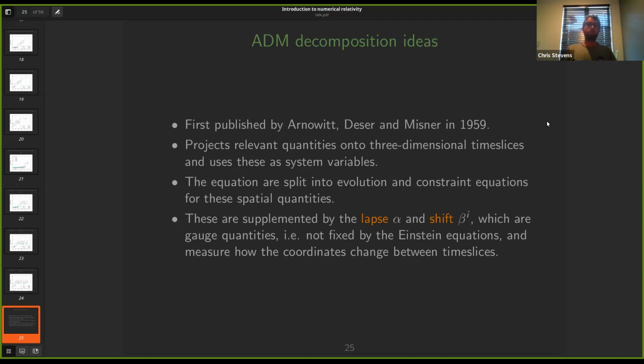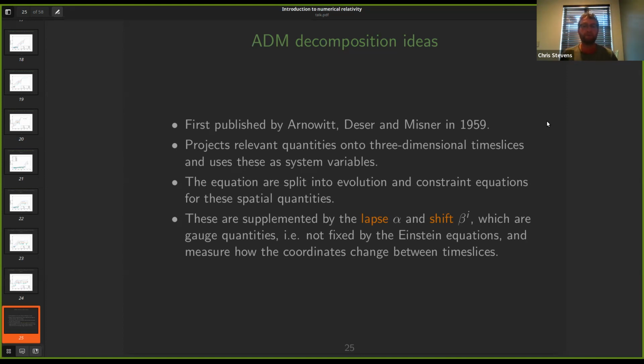There are also gauge quantities that are necessarily introduced, because in doing this foliation, you have to specify how you split your space-time into these different surfaces, and how your spatial coordinates propagate when you go from one time slice to the next, and so on. And these are given by the lapse and shift.